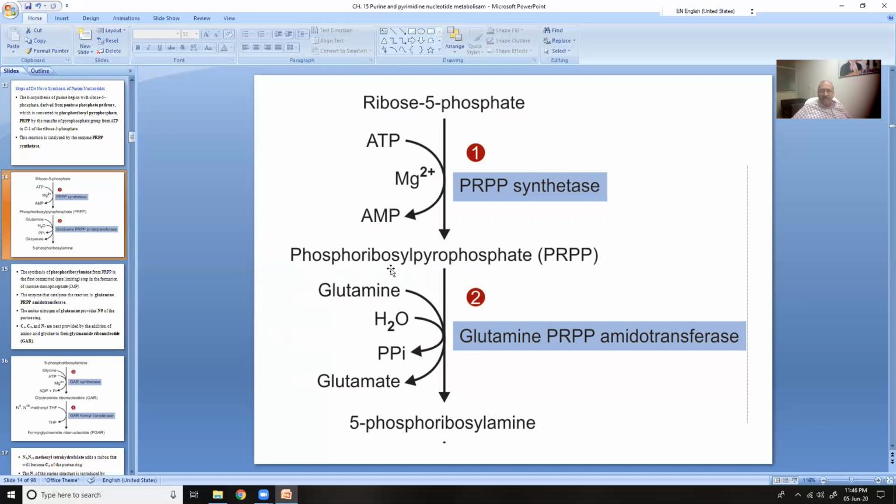And then this PRPP is changing to 5-phosphoribosylamine by glutamine addition and water addition. Glutamine is changing to glutamate, water is changing to inorganic phosphate, and we get 5-phosphoribosylamine. Glutamine PRPP amidotransferase is the enzyme.